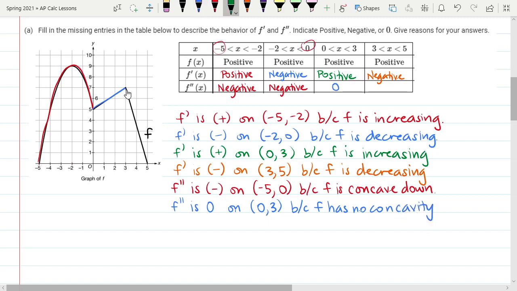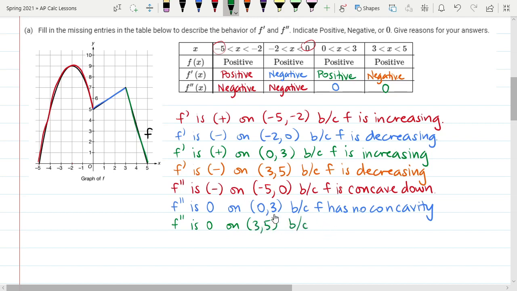And then finally, from 3 to 5, we actually have the same story, don't we? From 3 to 5, f is once again a line segment, so that means f double prime must be 0 because, again, f is a line segment, so its first derivative would be a constant, so its second derivative would be the derivative of a constant, which is 0. So again, we can say the same thing for f double prime on the interval from 3 to 5.